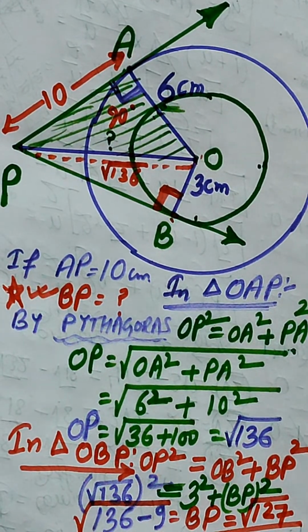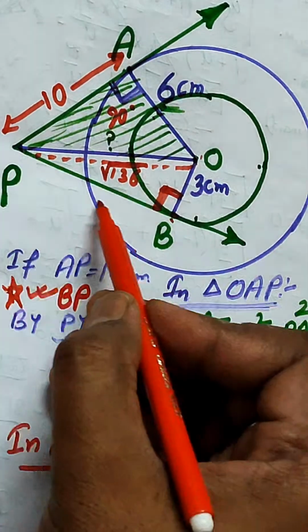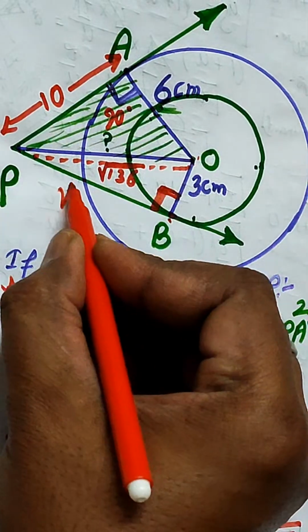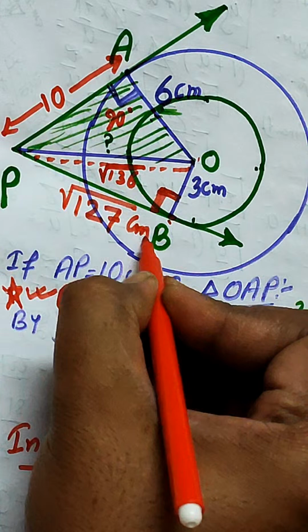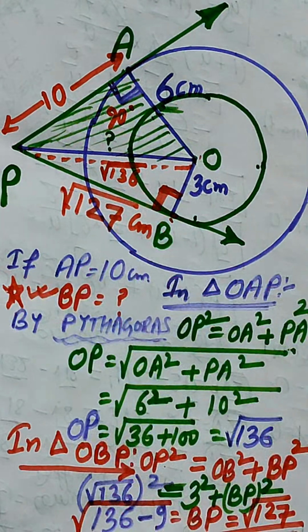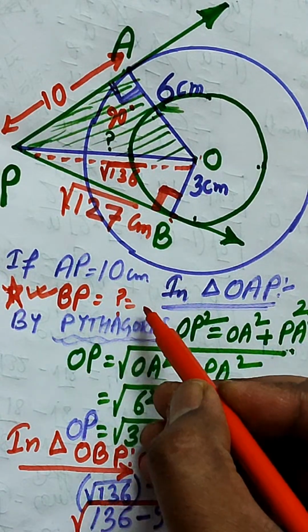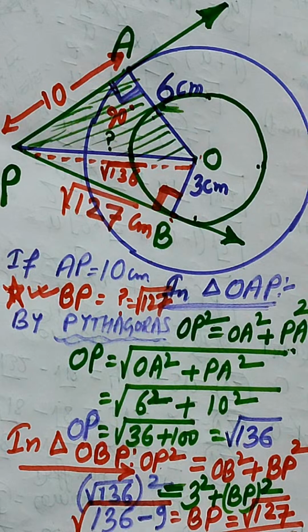This is your answer, right? So the length of BP is equal to root over of 127 centimeter.